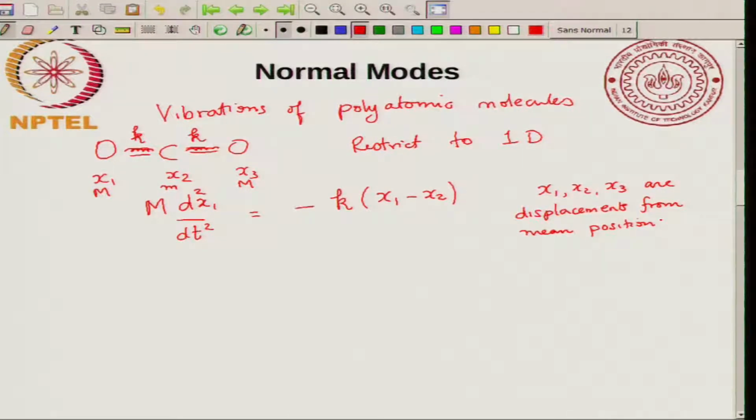So what I mean is if you are at the mean position, then basically x1 will be 0, x2 will be 0, x3 will be 0. So when x1 equals x2 equals x3 equals 0, all the atoms will be in their mean positions. Okay. Now I can write for x2, I will have something like this.